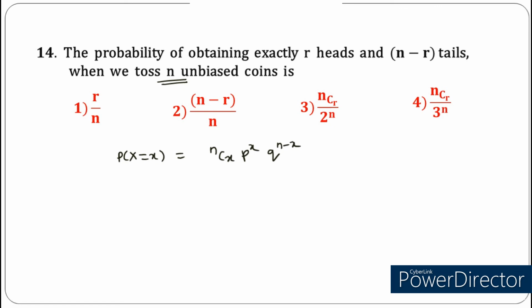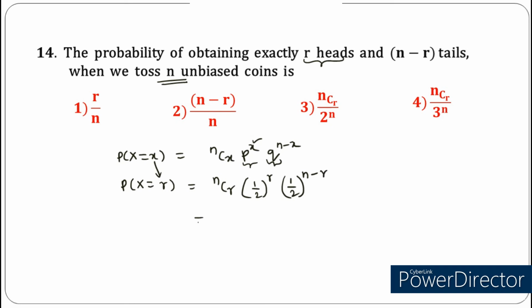Here, they have given R heads, so the value of x is nothing but R. So NCR, and probability of getting head is 1 by 2 raised to R. And q is the failure. Getting head is success, so failure is getting tail. The probability of getting tail is 1 by 2 only, raised to n minus R.